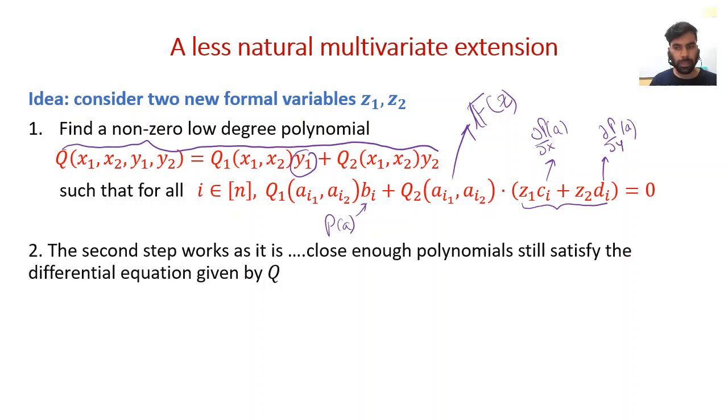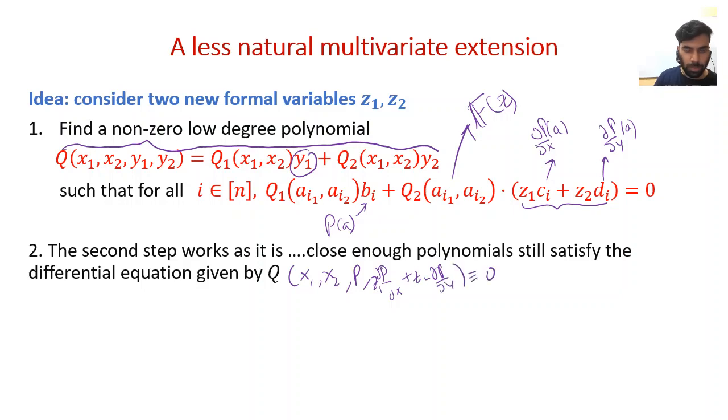The first step goes through with linear algebra. Again, it's just counting variables and equations. The second step also goes through, the Schwarz-Zippel lemma still rescues us, and we can say that if P is close enough, when we substitute P into the polynomial Q, we will get a zero polynomial.